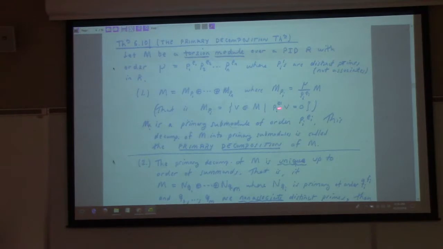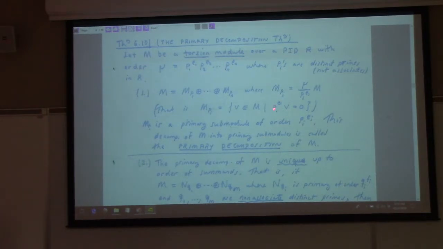So in other words, what makes V in M be 0 in here? It's if V is in this. Because of course, what happens when you multiply this? Good grief. If V is in here, that means V is already appearing as a product of everything in the order except for that factor.